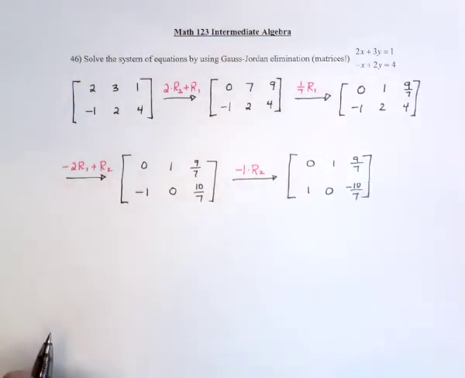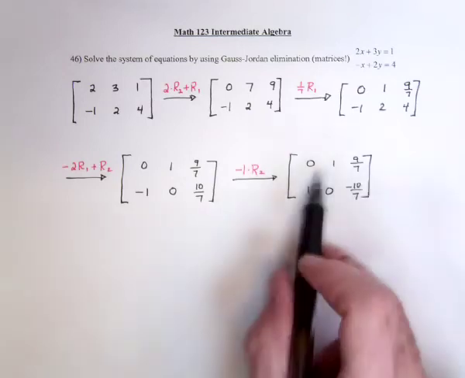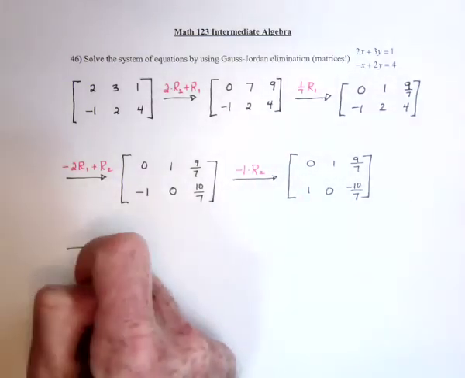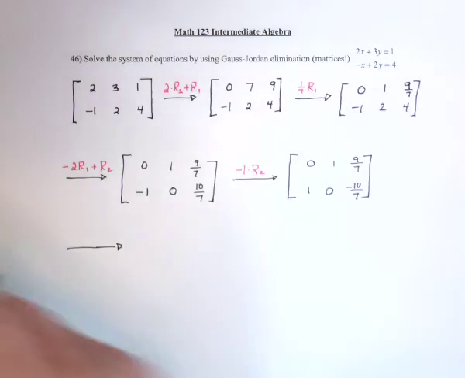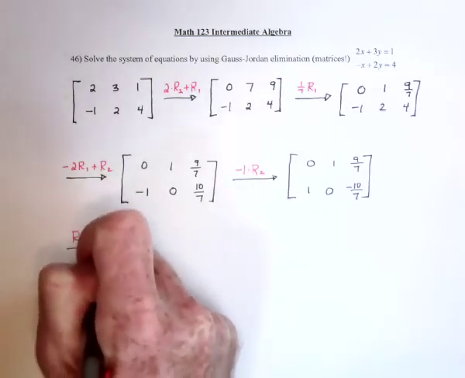And finally, switch the rows, because it's supposed to go 1, 0, and then 0, 1. So take this row, put it up on the top. So row 1 gets switched with row 2.